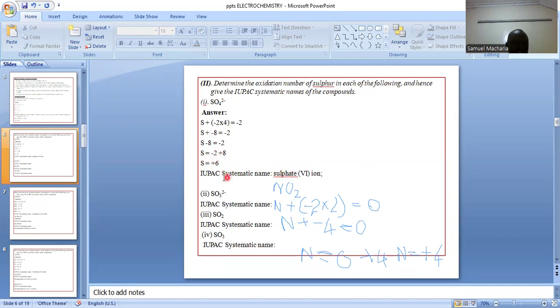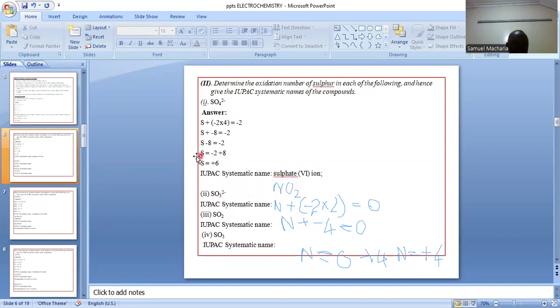Now, the IUPAC systematic name for this sulfate is called sulfate 6 because the oxidation number of sulfur is +6. Sulfate 6 ion. The oxidation number of sulfur is +6. So this is the sulfate 6 ion. Now, I want us to look at the other one, SO3 2 negative.